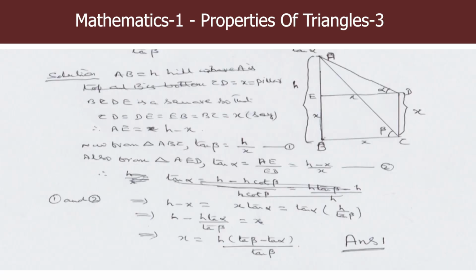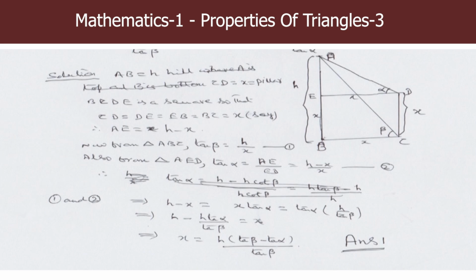Now you can take AB equal to h as the hill, and CD equal to x as the pillar. So BCDE is a square, and so CD is equal to BE and DE is equal to BC.